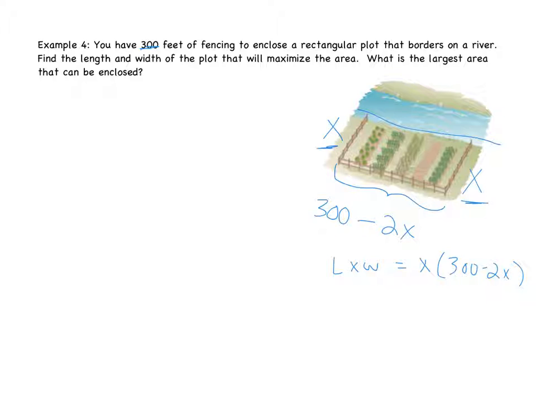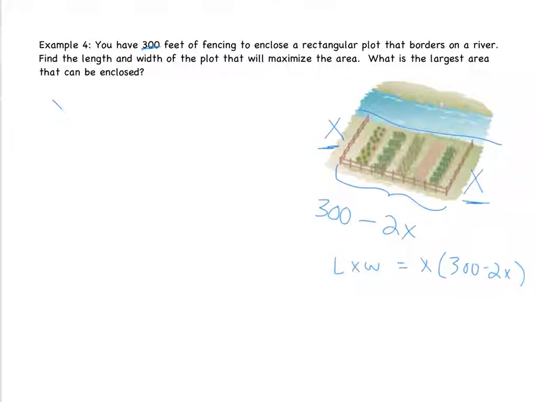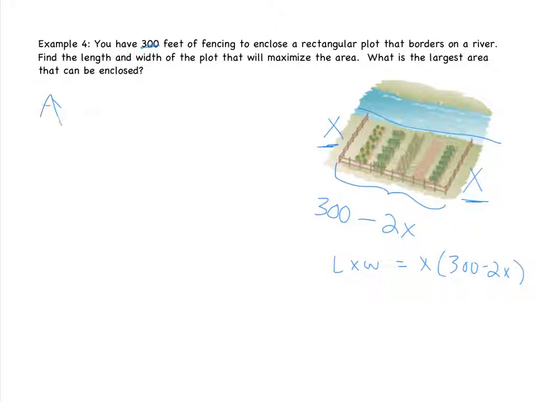Well, let's take a closer look at this. My area is length times width, which I now know is x times 300 minus 2x. If we multiply that out, we end up with 300x minus 2x squared.